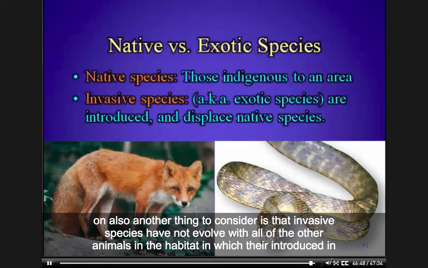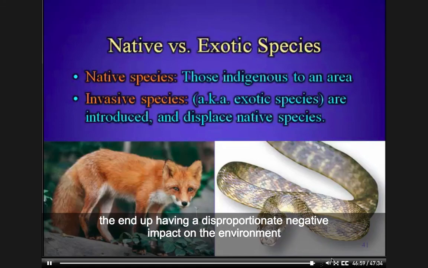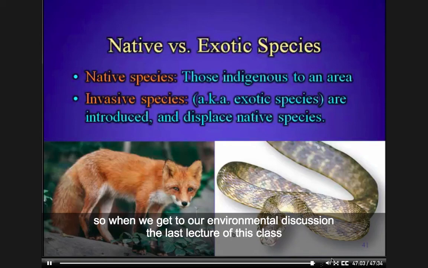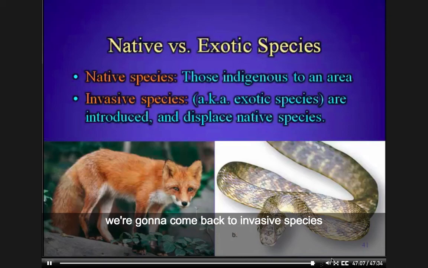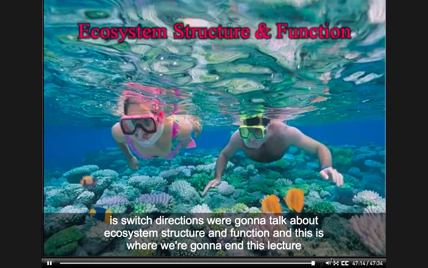Also, another thing to consider is that invasive species have not evolved with all of the other animals in the habitat in which they're introduced, and they end up having a disproportionate negative impact on the environment. So when we get to our environmental discussion, the last lecture of this class, we're going to come back to invasive species.